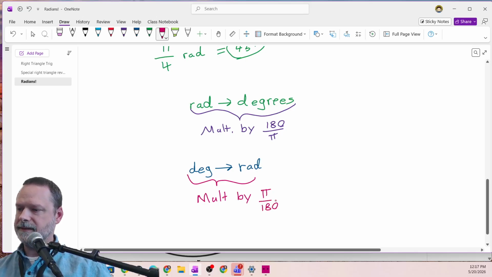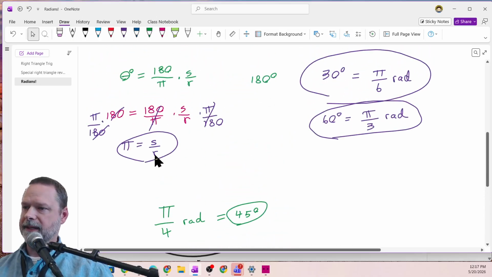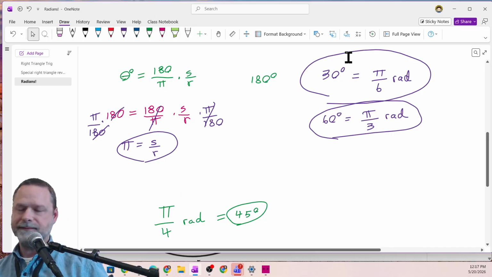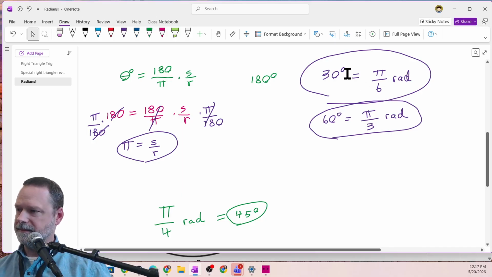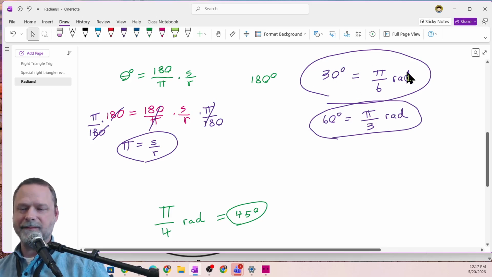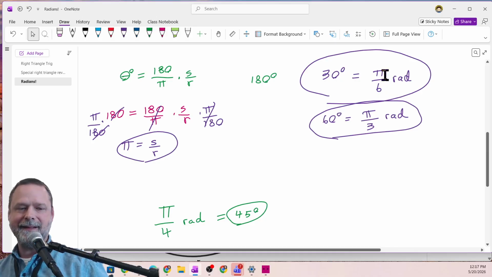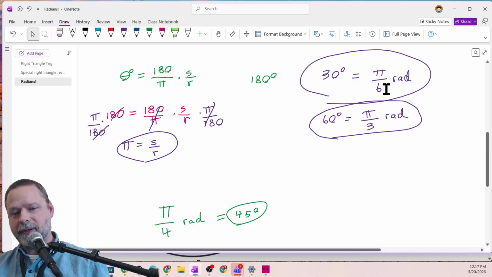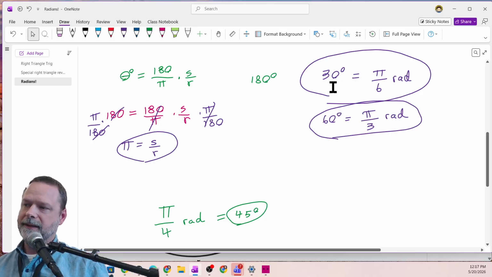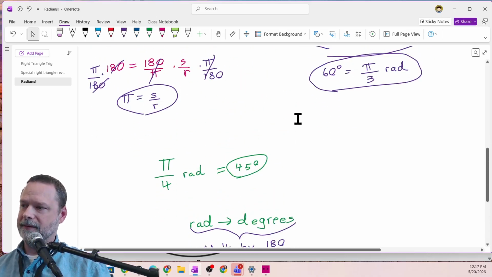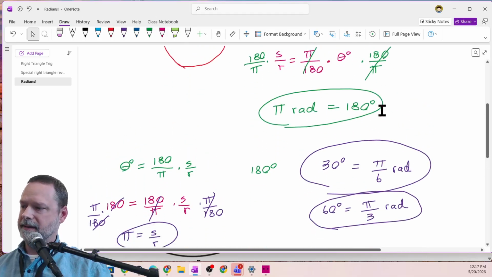Or again, just replace the pi with 180, as we could see up here. 30 degrees was pi over 6. Oh yeah, so I guess it's a little trickier. You can just think, well, 180 over what is 30? 180 over 6. So pi over 6. That's the short, quick, easy way. But you can, again, just multiply by pi over 180, and you will get your radians.